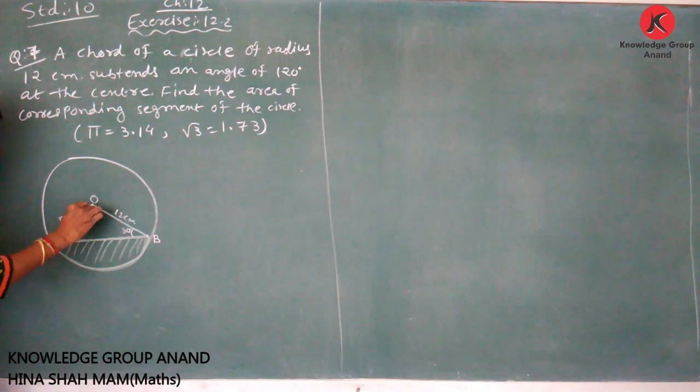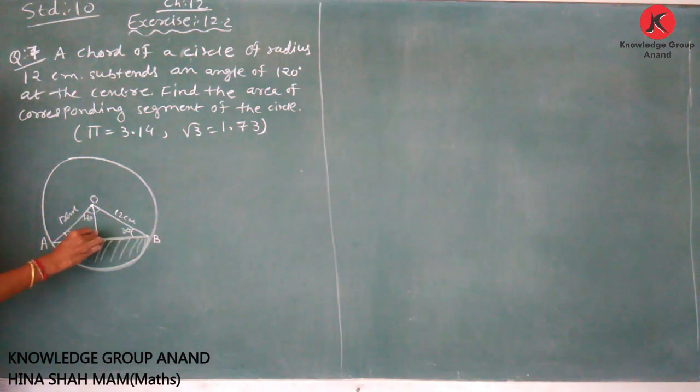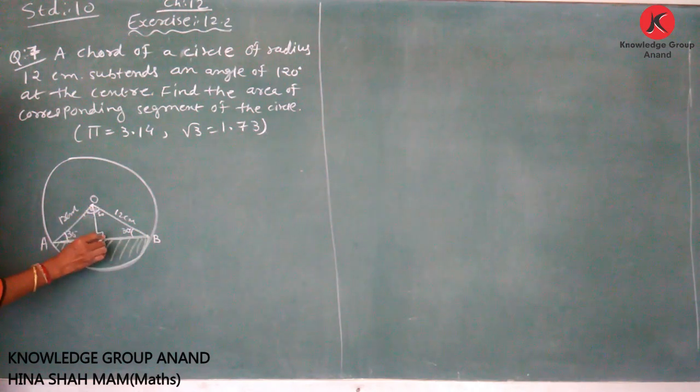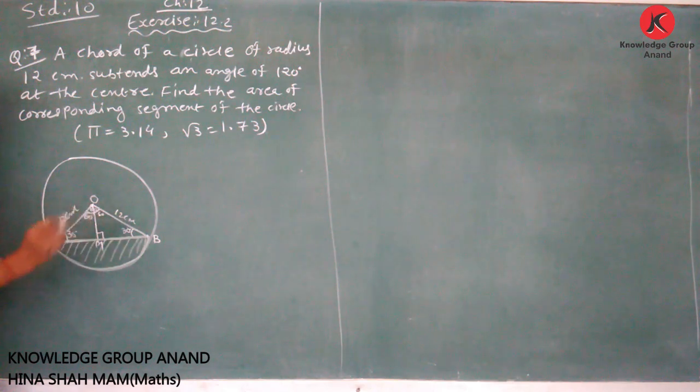We find here altitude, draw altitude OM. This whole angle is equal to 120 degree. Each angle is 60. Here 90, 30. Therefore it is 60.